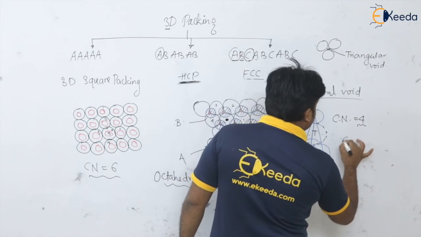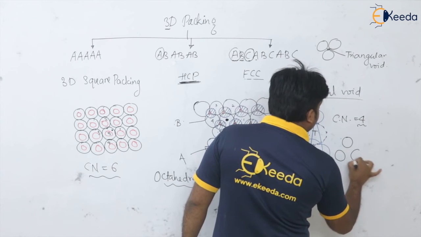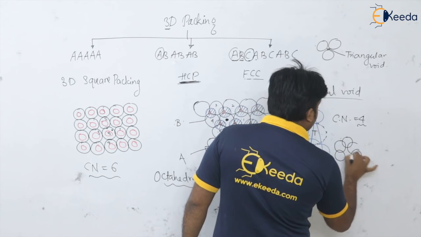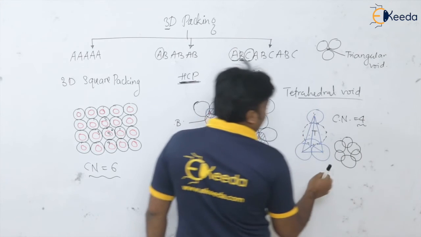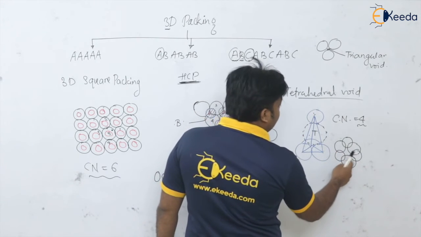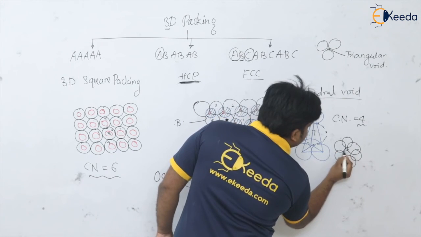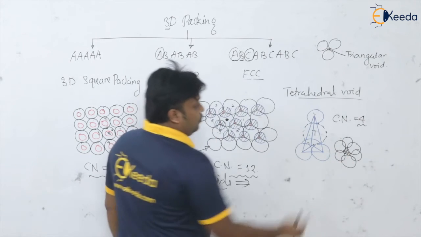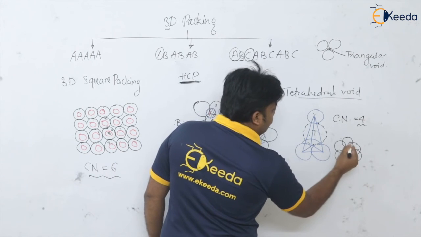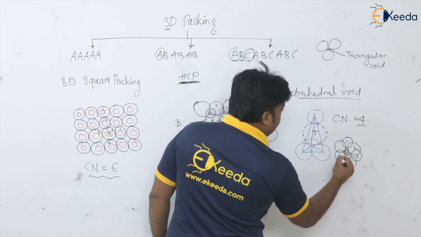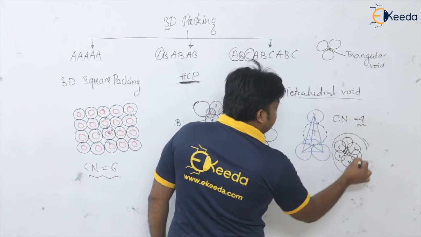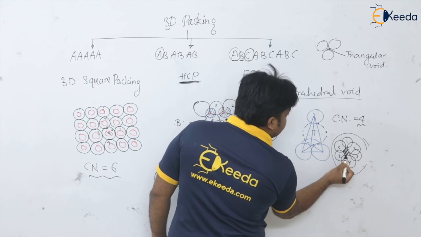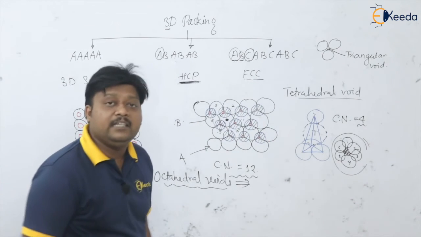It will form like this: 1, 2, 3, 1, 2, 3, in total 6 atoms together form the void, see this void. So 1 2 3 4 5 6, including these 6 atoms, the void which is created is the octahedral void.